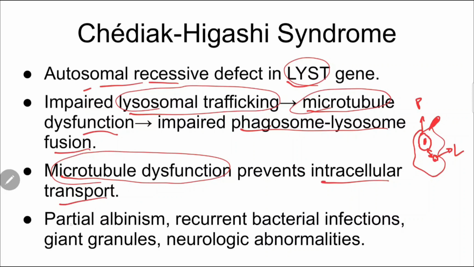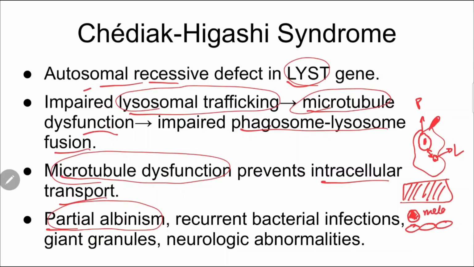So the first symptom that you have to know is partial albinism. Let's say this is your skin, and it contains all your keratinocytes. And below your keratinocytes, you have these cells which are known as melanocytes. Now, the melanocytes make what are known as melanosomes, right? So it creates these melanosomes, which are vacuoles that contain melanin.